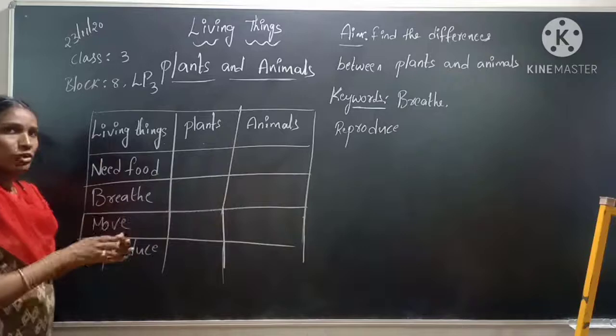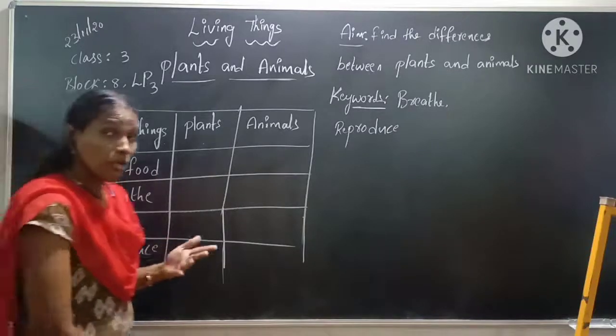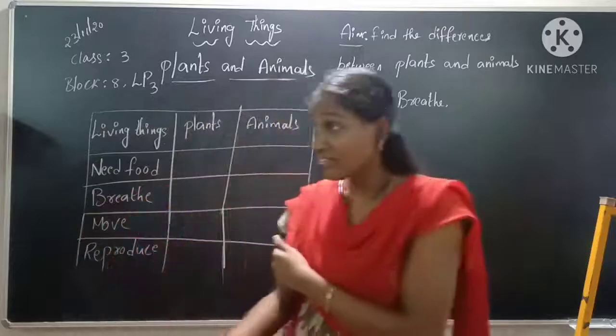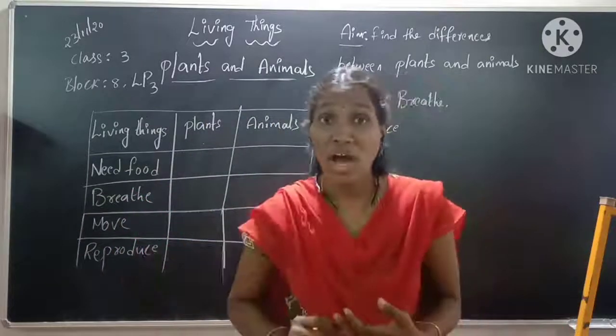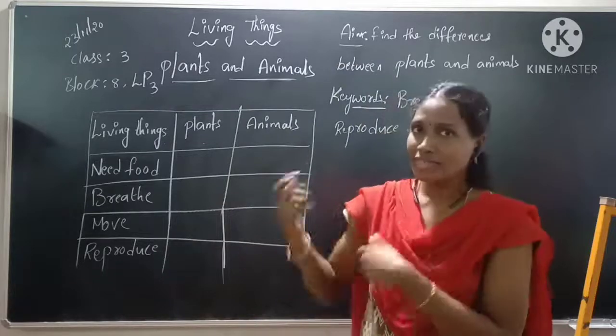Children, already we know that these are the features of living things. Living things need food to grow, they breathe air, they move from one place to another, and they can reproduce. Right? Already we know that.